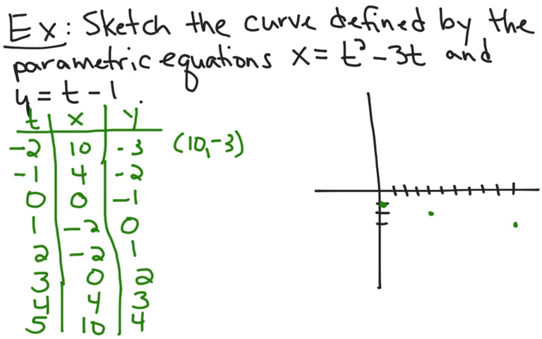I need some more tick marks over here. (negative 2, 0). (negative 2, 1). (0, 2). (4, 3). And (10, 4). And we end up with this sideways parabola.